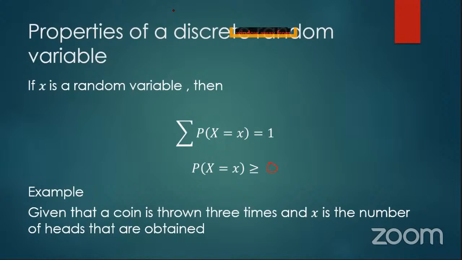We have an example that we are beginning with, which Esther had somehow briefed about: given that a coin is thrown 3 times, and x is the number of heads that are obtained. We can now work this out and transfer it into a discrete probability density function.